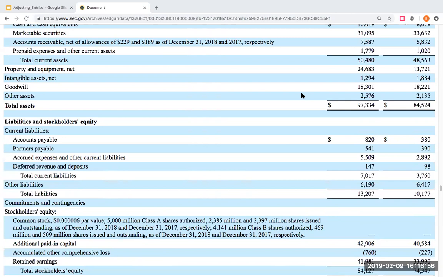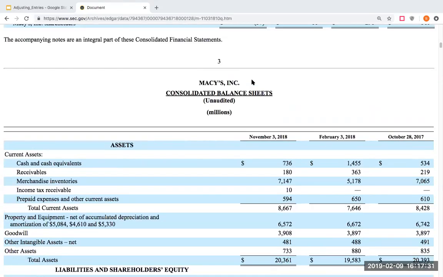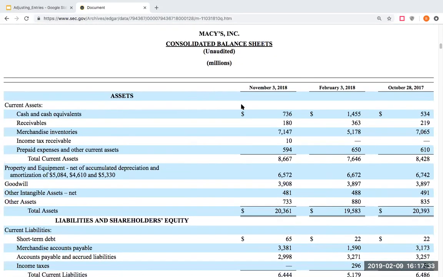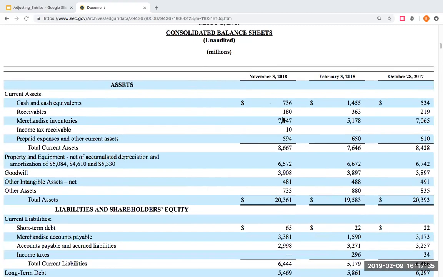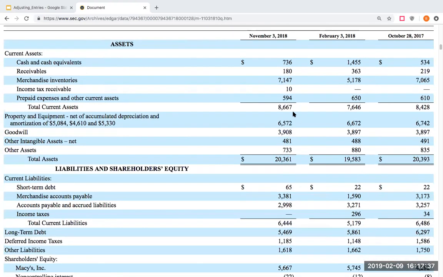I'm going to pause again real quickly, and we're going to look at one other financial statement. Here we have Macy's, their consolidated balance sheet as of November 3rd. Just to look at a different type of company, Macy's has current assets of 8.6 billion and current liabilities of 6.4 billion. Again, a current asset is something we're going to be using in the current year. For Macy's, the current liabilities are different items they have to pay within the year.